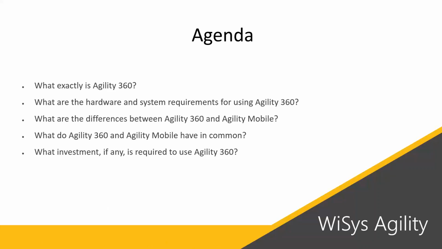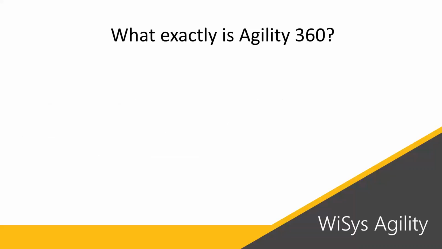So let's get started with the definition of what exactly is Agility 360. About 3 years ago, Michael Hollinger, our CEO and head of our development team, was tasked with finding an alternative to RDP because the Windows devices were being phased out.